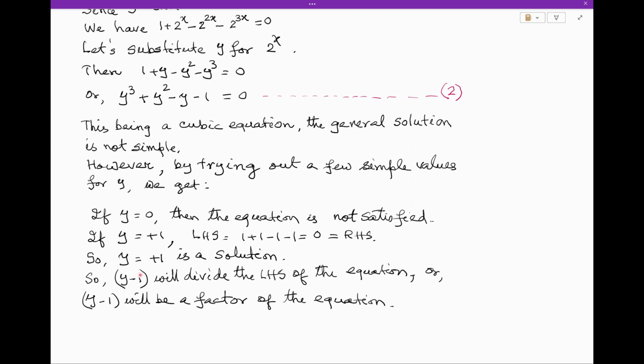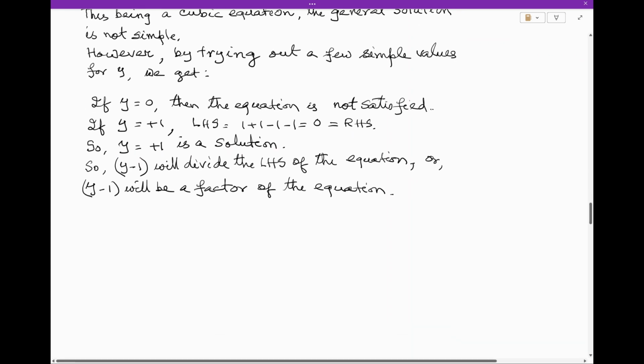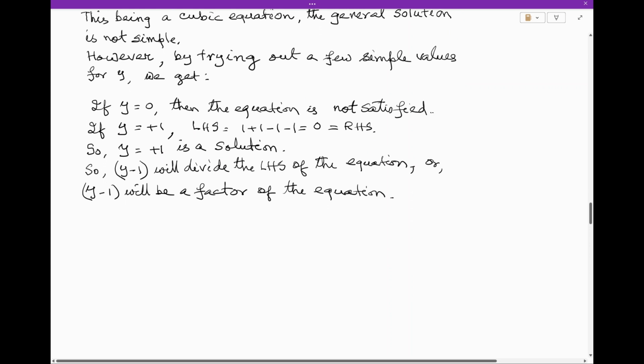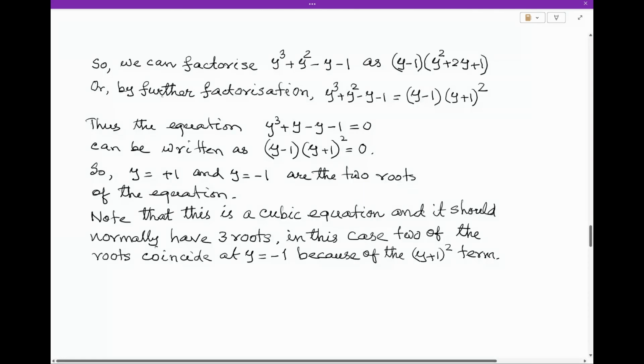Therefore, y equal to plus 1 is a solution. Since y equal to plus 1 is a solution, y minus 1 will be a factor of the left-hand side of the equation.